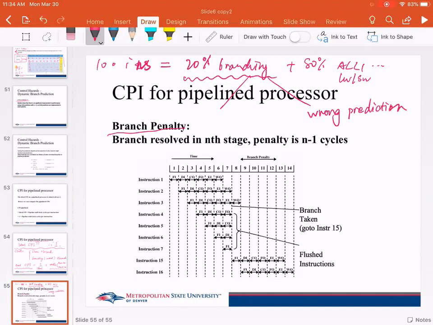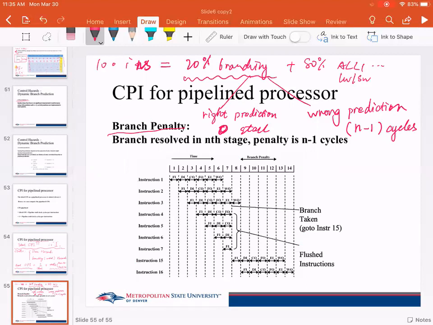And this is really important: how accurate your prediction is, right? If we have a correct prediction, then there are zero clock cycles we need to stop, so there's zero stall in the pipeline. And if there is a wrong prediction, then we have to stall the pipeline for n-1 cycles, right?